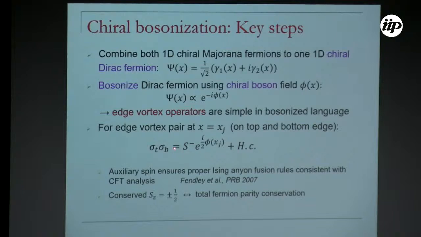So this is a spin lowering operator, a spin 1/2 operator that ensures the proper Ising fusion rules. If you have two Ising anyons and collide them, they must fuse either to the vacuum or to a fermion. And this is taken care of by this auxiliary spin.